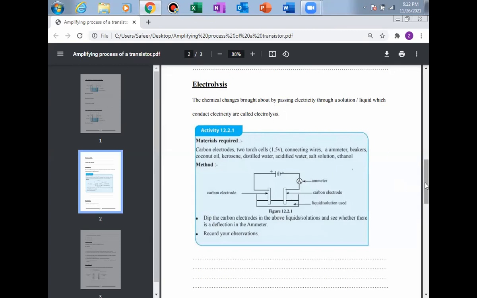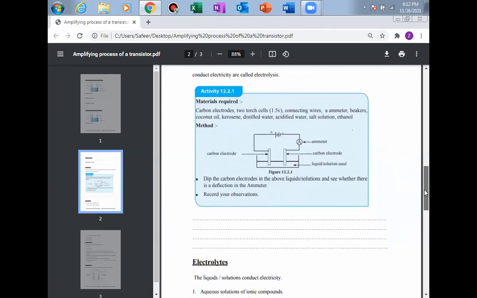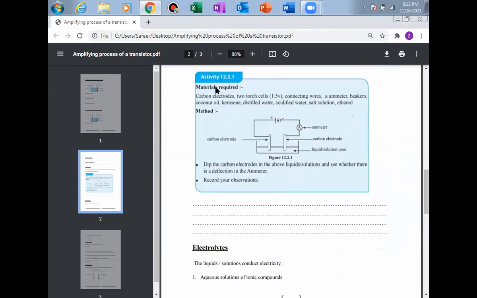Then there's an activity, the activity that I have explained. See, what are the materials required? Carbon electrodes. Here carbon electrodes are there. 2 torch cells, 1.5 volt cells, 2 cells are there.